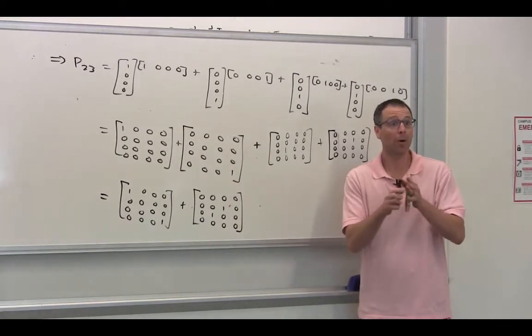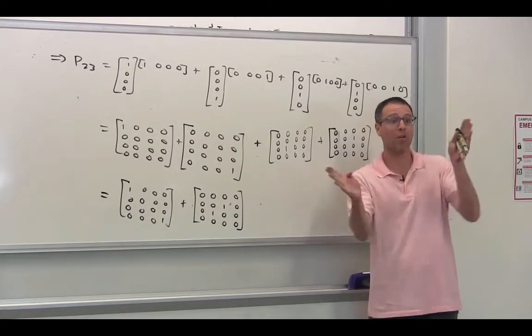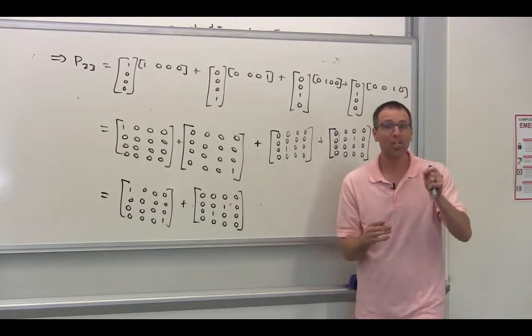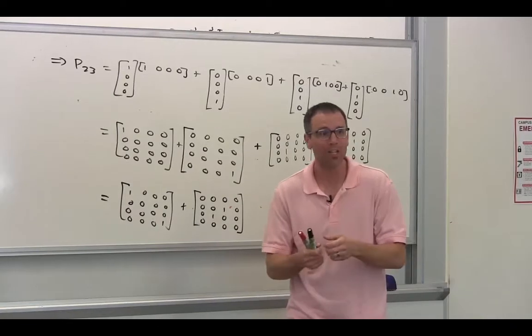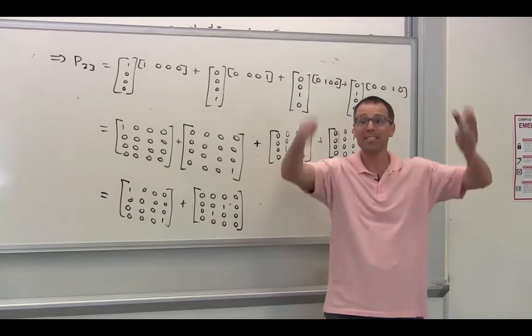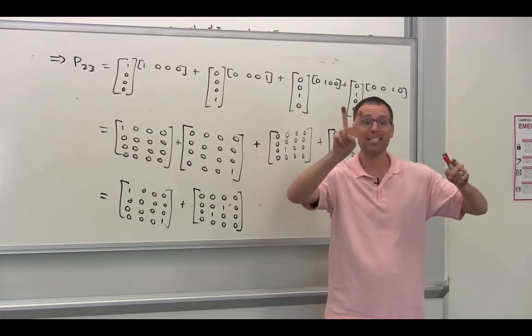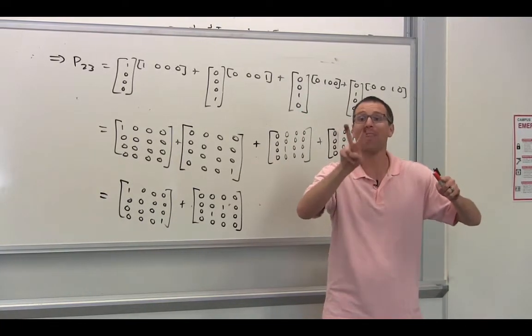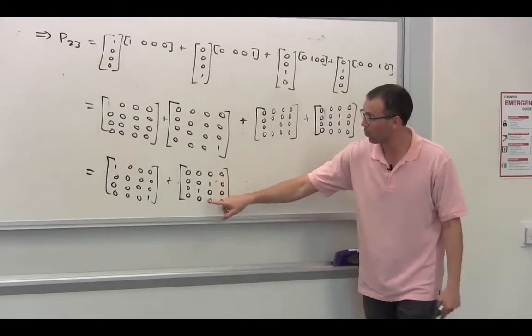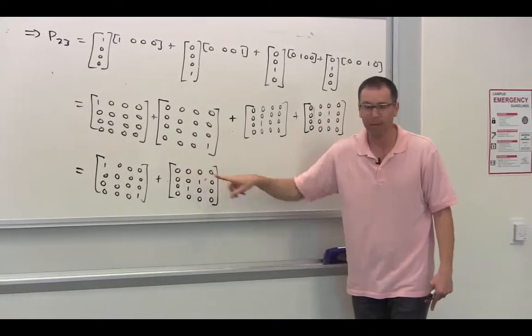A permutation is just taking a bunch of elements and rearranging them, right? A transposition is a special type of permutation. So what does a transposition do? Everything stays by itself except for a single pair, and that pair does what? Swaps. Now use the word transposition on this matrix right there.